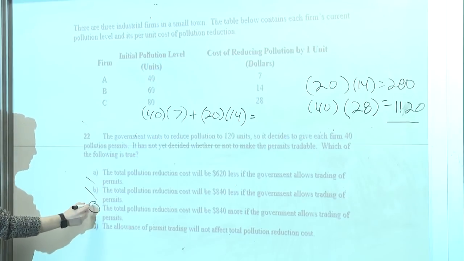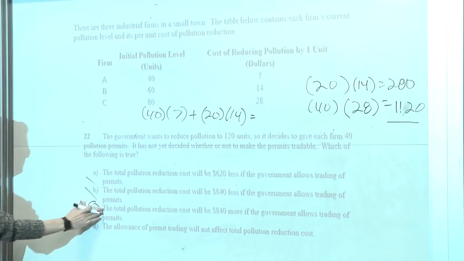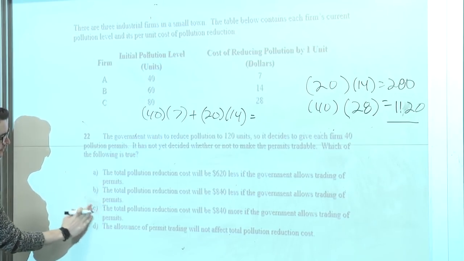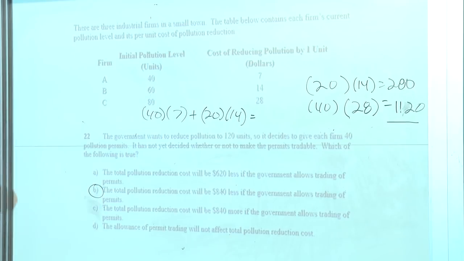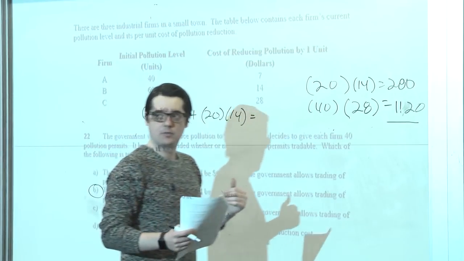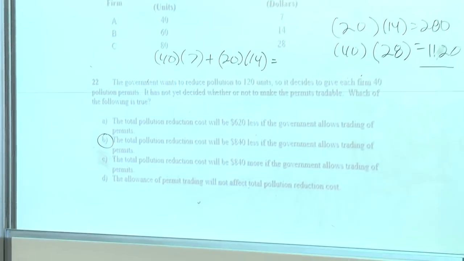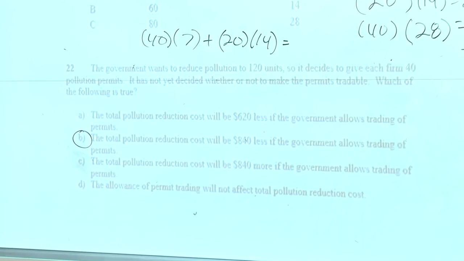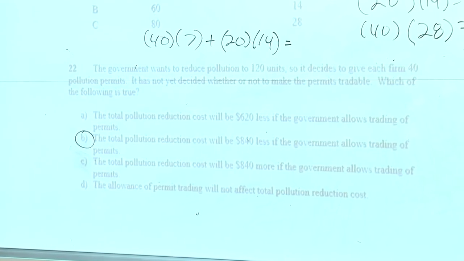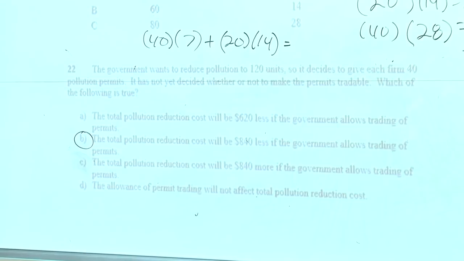And that's going to end up being B. Right, the reduction in the cost is going to be $840 when you allow them to be traded. There'll be an $840 decrease in the cost of pollution when you allow the permits to be traded.